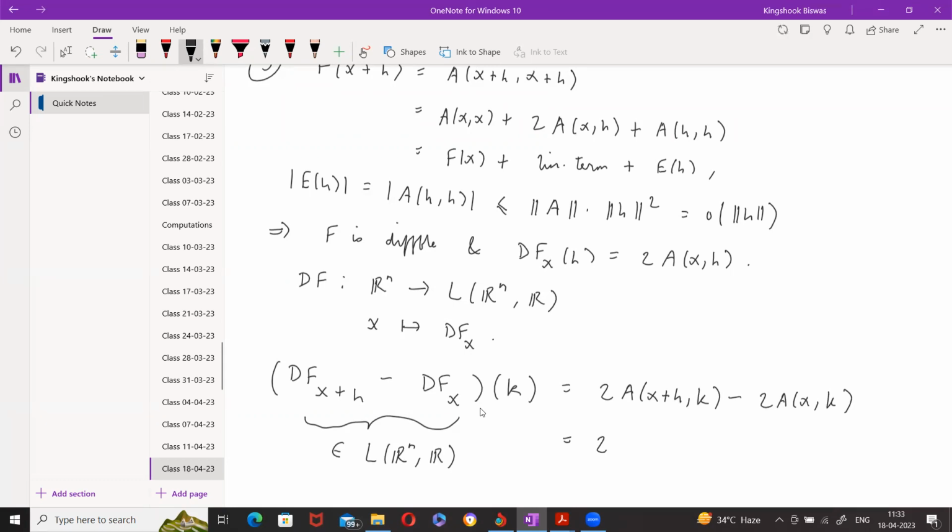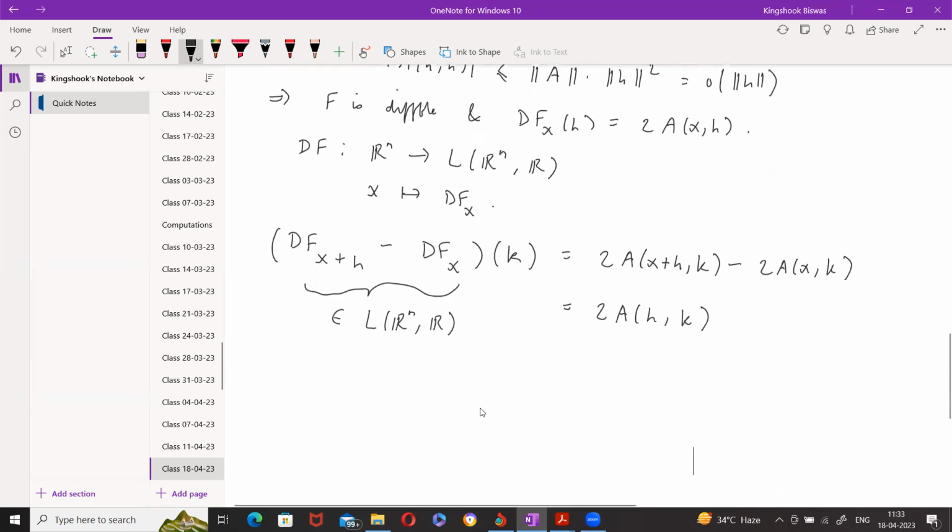You'll just get twice A acting on h, k. So there is no error term here. This is already linear in h.